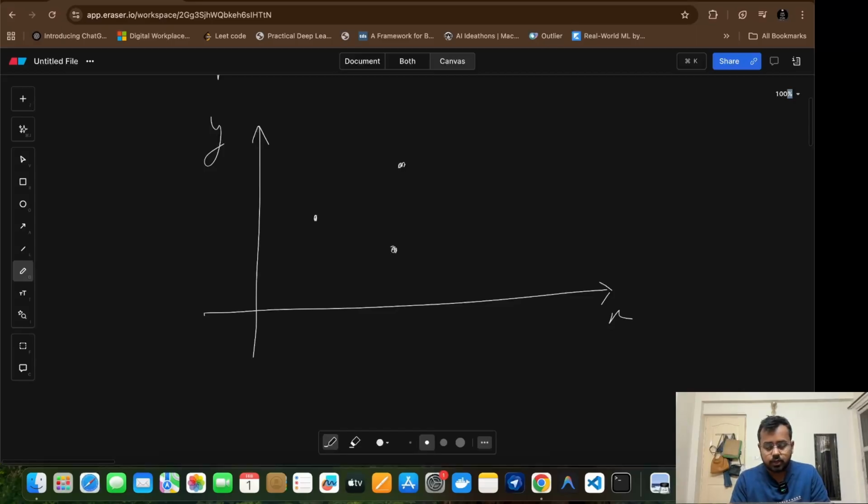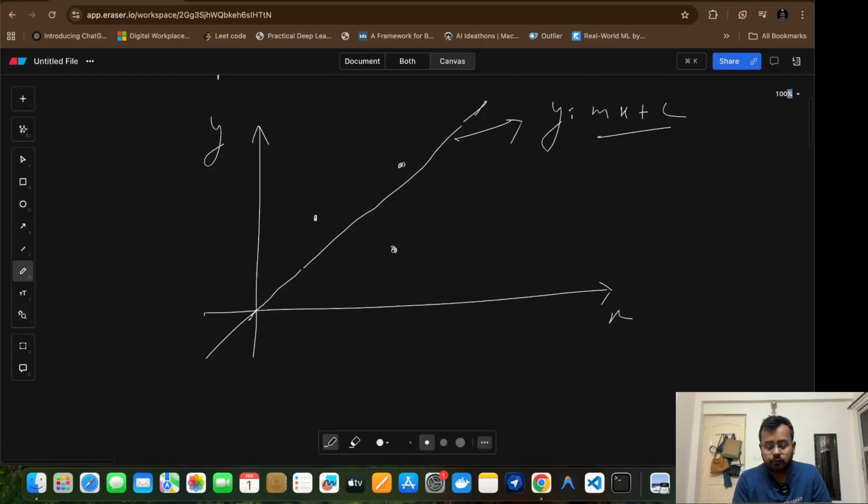We come up with an assumption, let's say this one. Let's say this is the line we fit through these data points, and the equation of this line is y = mx + c, where m and c are constants, the slope and intercept. How do we know that this is the best fit line?